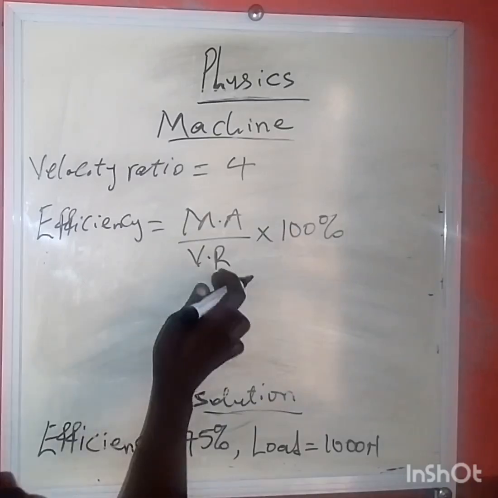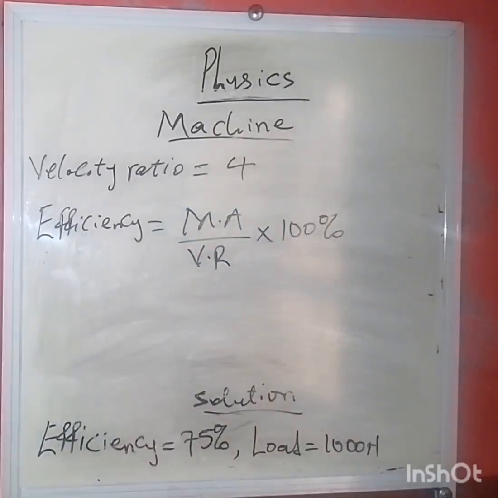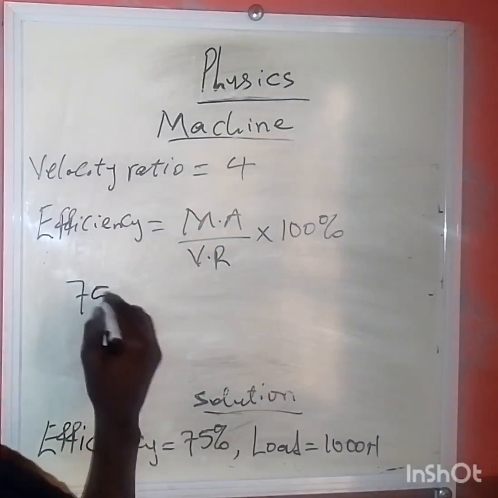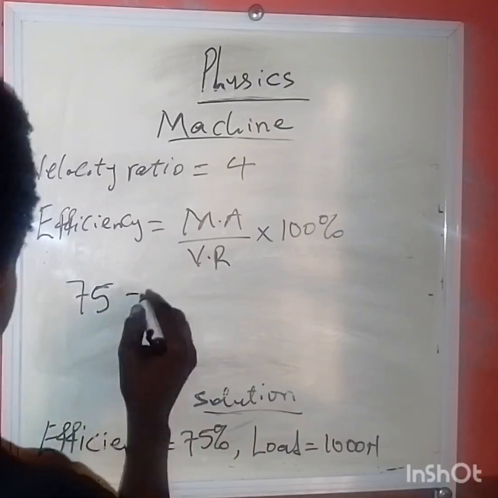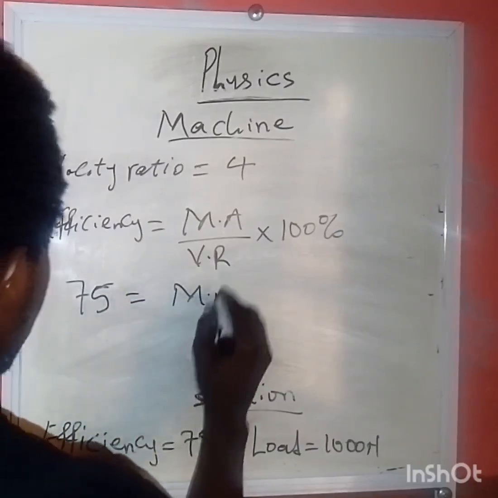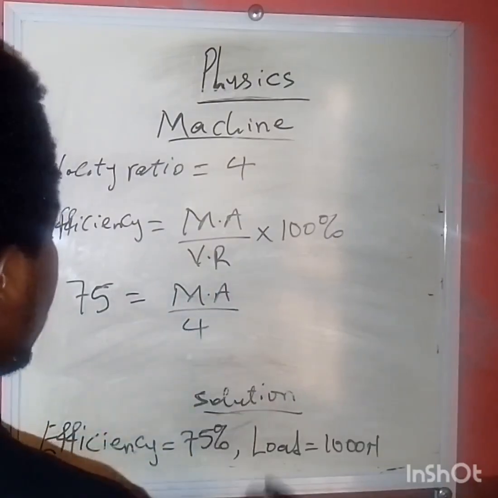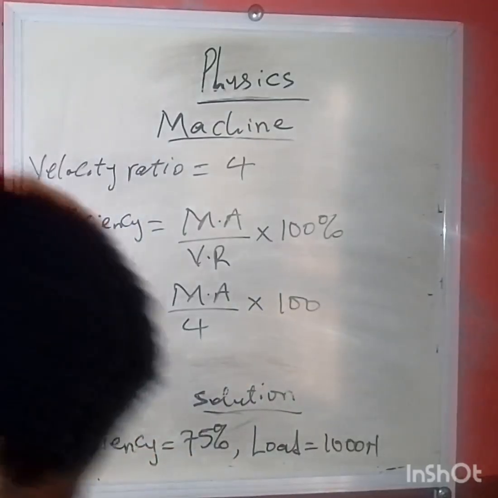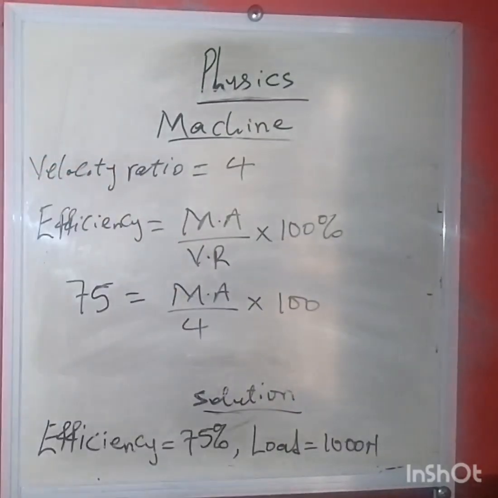Since we have been given velocity ratio to be 4 and efficiency to be 75%, we just slot in everything. So you have 75 is equal to MA over 4, then multiply by 100.